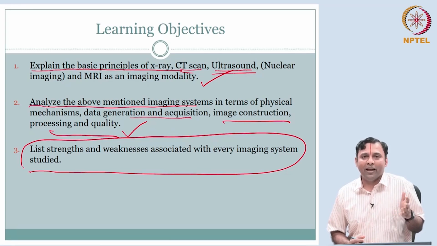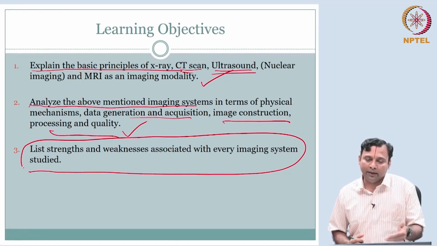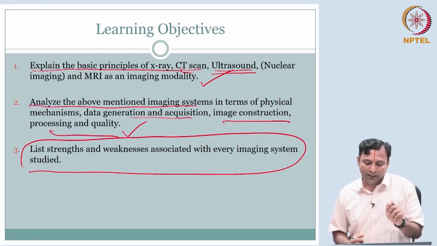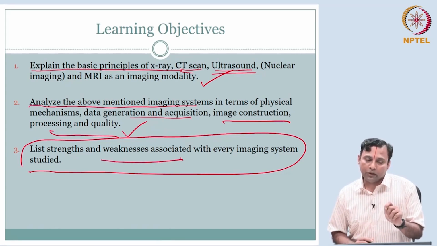So they said, MRI is going to eat up everything, there is no scope for ultrasound. But in reality, the more you understand and reason out, each modality has its strength and weakness.